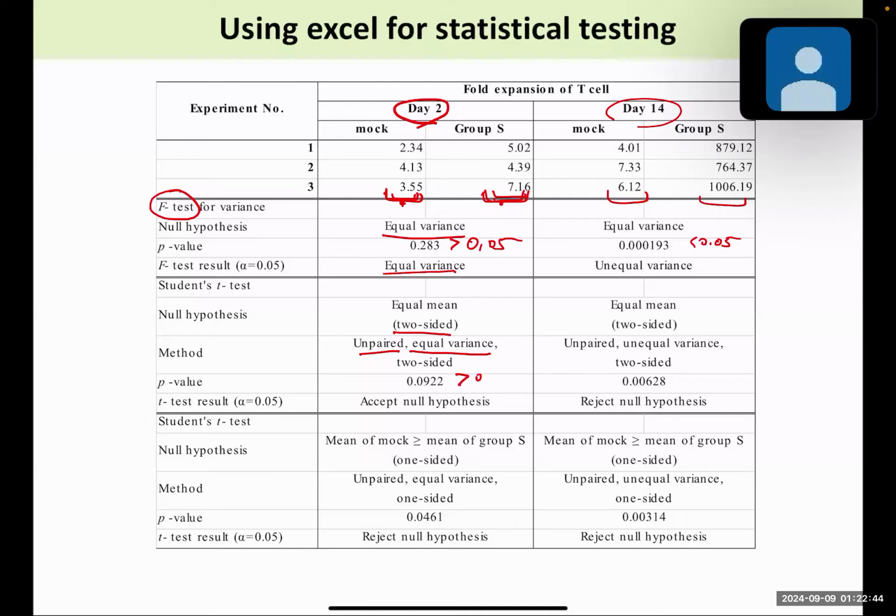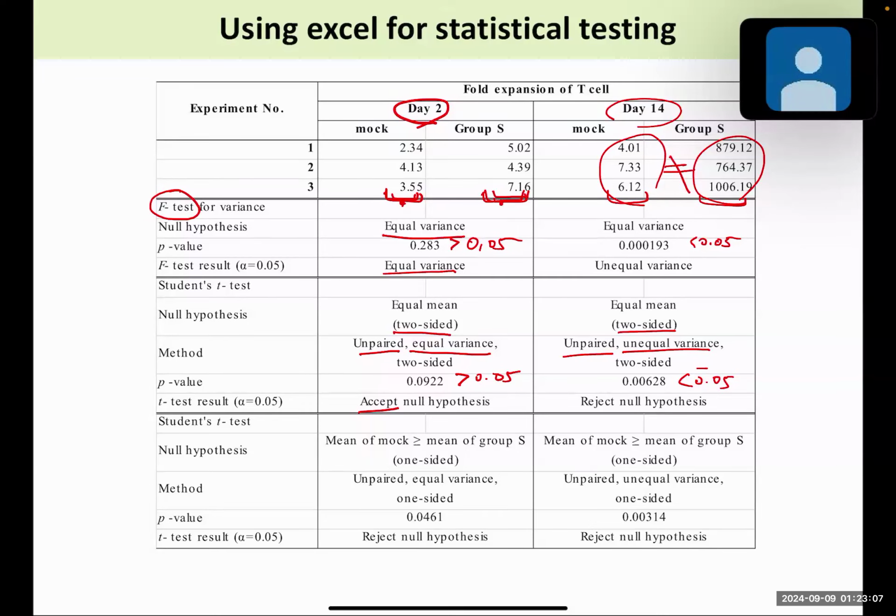That's higher than 0.05, so you accept the null hypothesis. In the second example, this is a two-sided, unequal variance, unpaired test, and you calculate the p-value, and it's lower than 0.05. So you reject the null hypothesis. That means these two groups are very, very different.